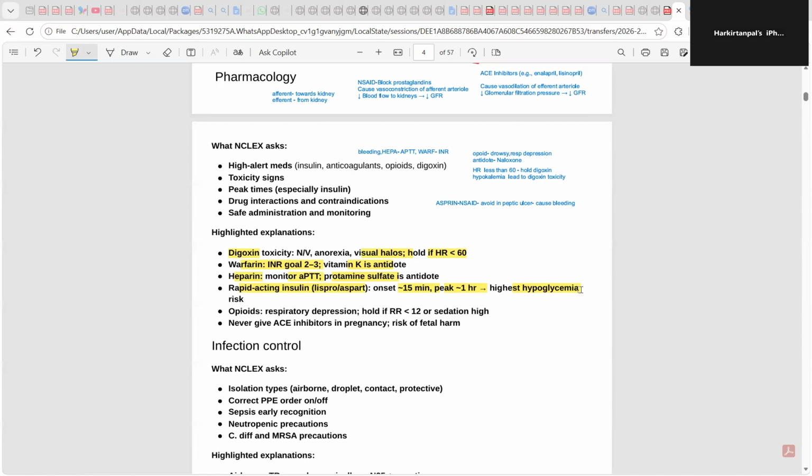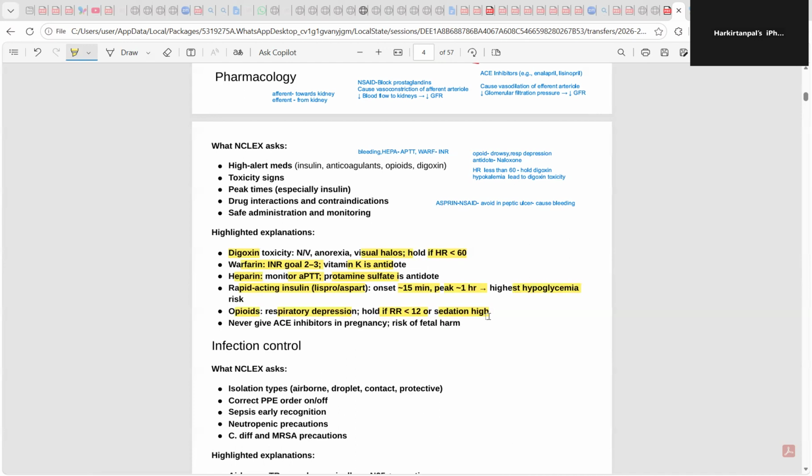Otherwise, after the administration of the insulin, if the client has not taken food, it can cause hypoglycemia. And those who are getting opioid, we monitor for respiratory depression. If the respiratory rate is less than 12, or if the client is sedated, we can't administer opioid.